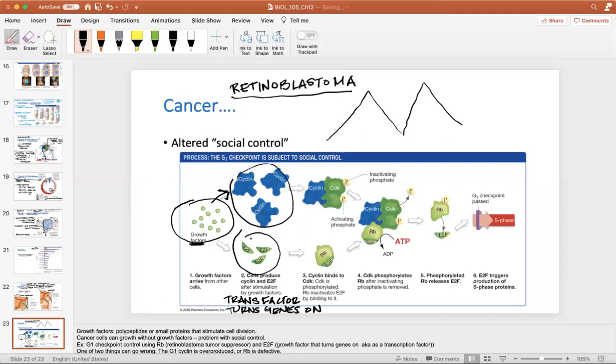Now, normally what happens to this E2F is that it immediately gets bound by this protein here. This protein here, RB, is a tumor suppressor protein.